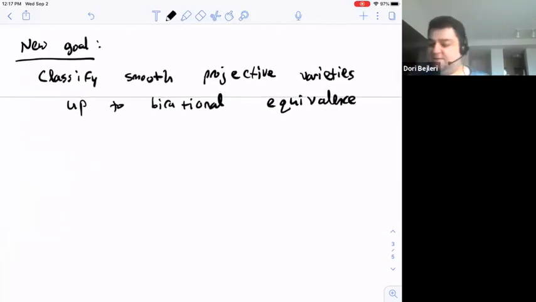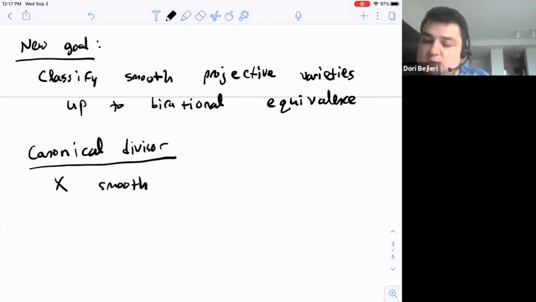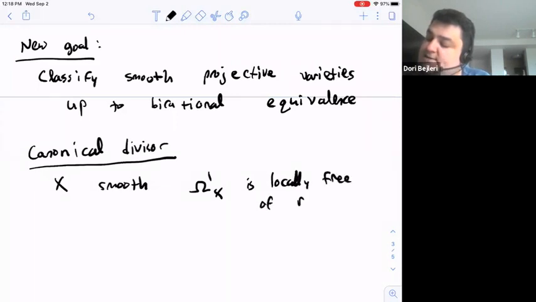Okay, and now that we're in this smooth case, we have one more tool available to us, which is the canonical divisor. So let me refresh some properties of the canonical divisor. So if X is smooth, well, what smoothness gets us is that we have this locally free sheaf of Kähler differentials, and its rank is the dimension.